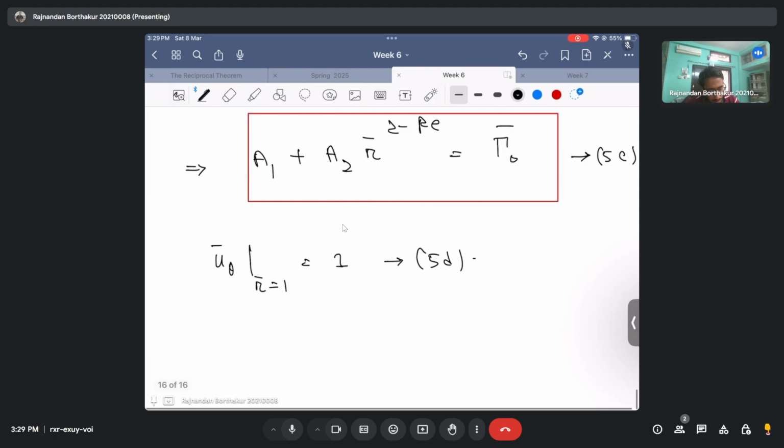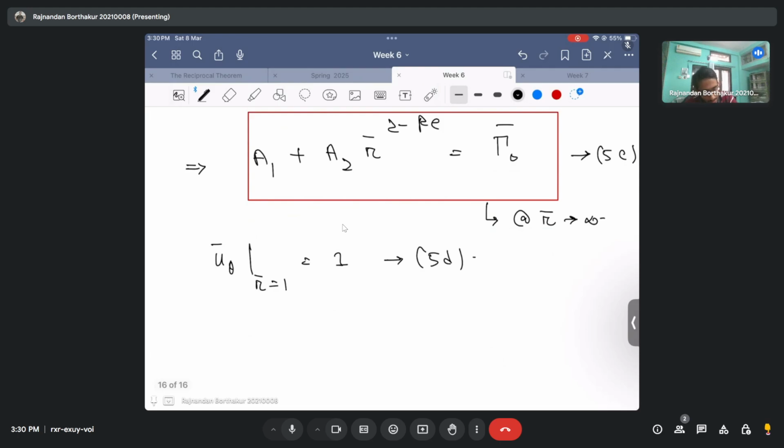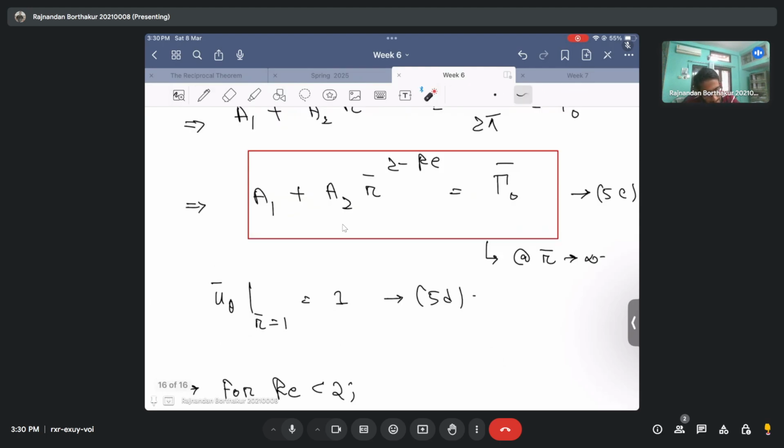The bottom line is that, remembering this boundary condition is at r bar going to infinity, you can now see that for Reynolds number less than 2, this term has to go to a constant value when r bar goes to infinity. This means a2 has to be equal to 0, and that is obvious.